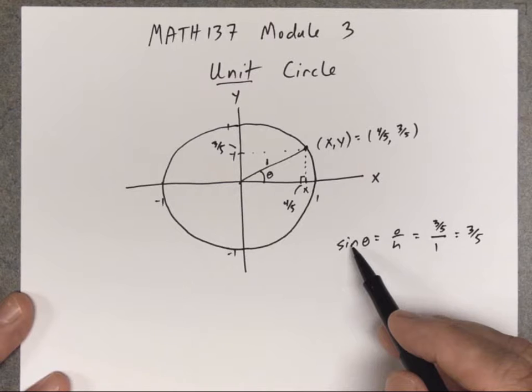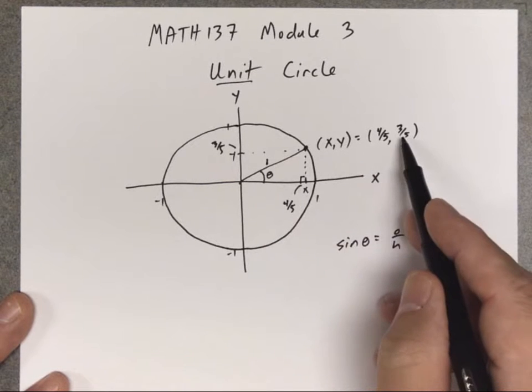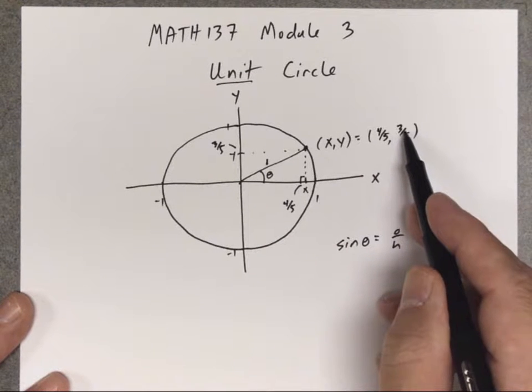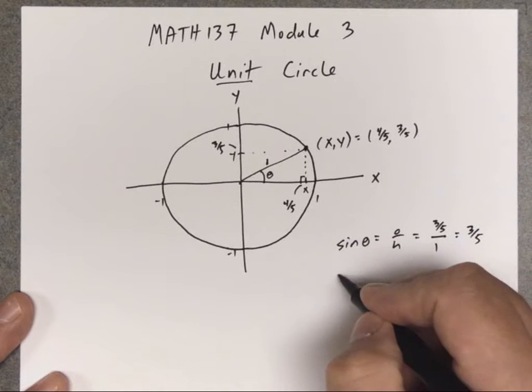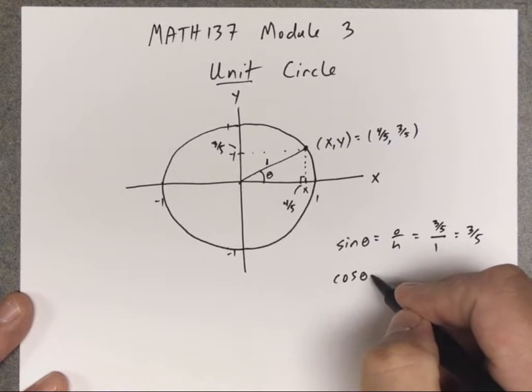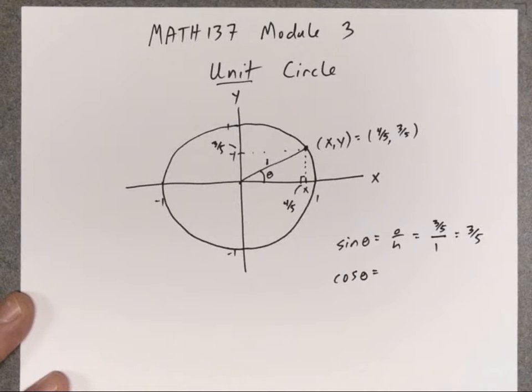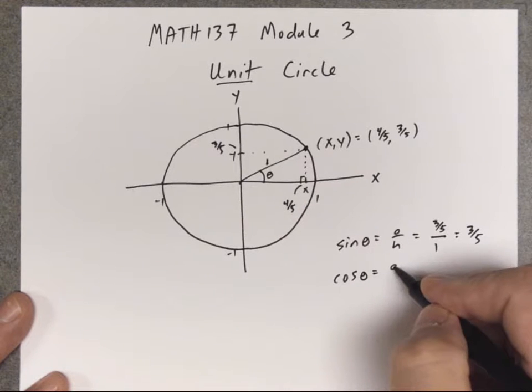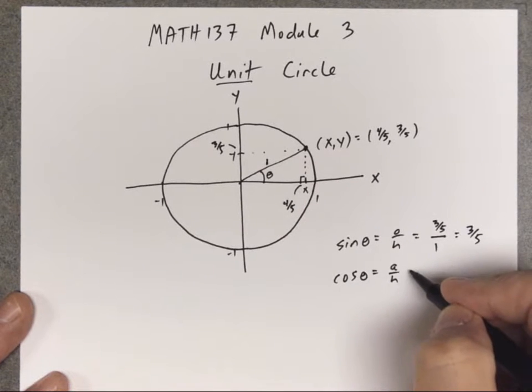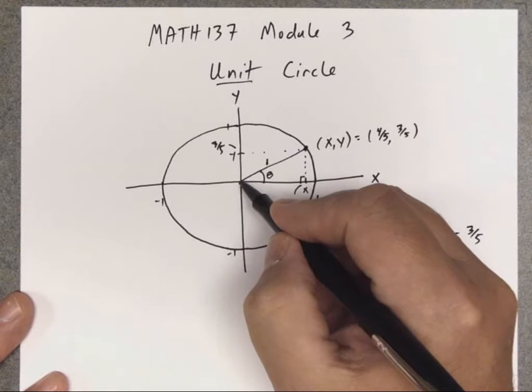Sort of interesting, the sine of the angle is actually the same as the y value of this point. Let's see about cosine. So cosine of this angle, CAH, adjacent over hypotenuse. Adjacent is going to be this distance right here.